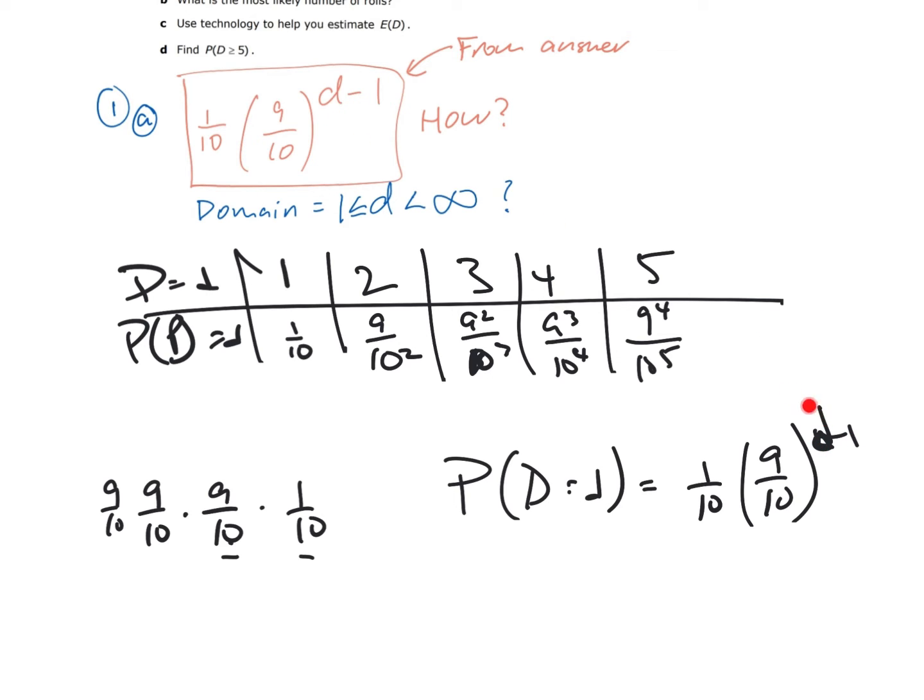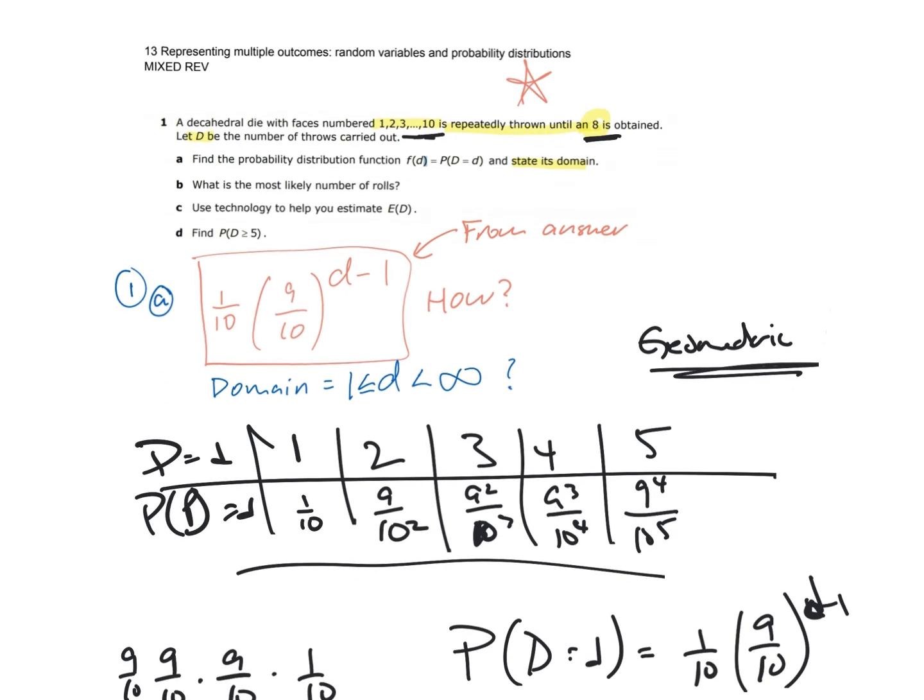So here's my d's and so on, because each time I'm adding one of these. This is actually what we call a geometric distribution, which you're not responsible for, but being able to derive this kind of scenario based upon the understanding, I think, is fairly fair game.